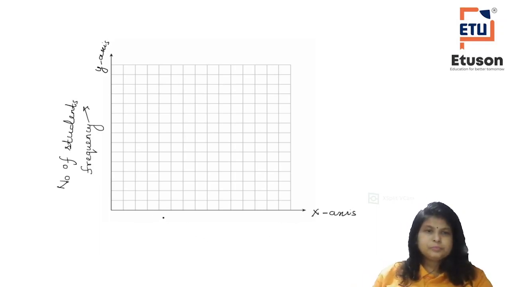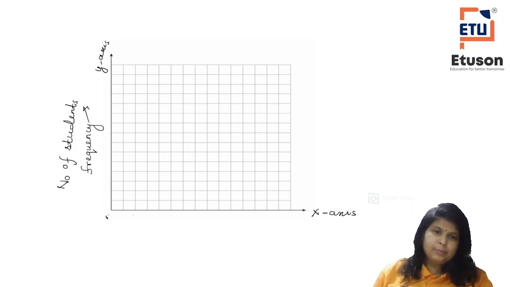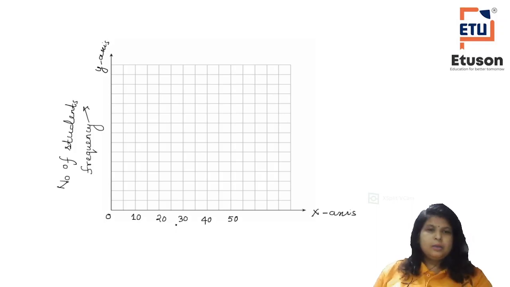So now it is 0 to 10, so I will mark 0 here. Suppose this is 10 and this is 20 and 30 and 40 and 50.